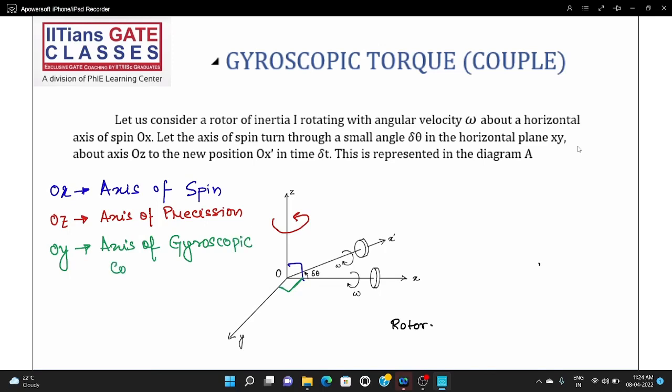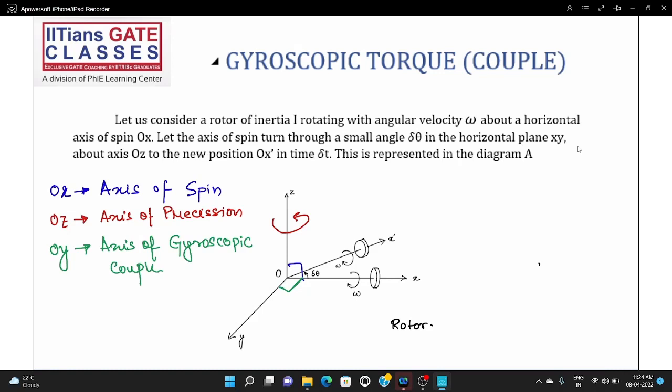Let us first understand there are three axes here: axis of spin, axis of precession, and axis of gyroscopic couple.